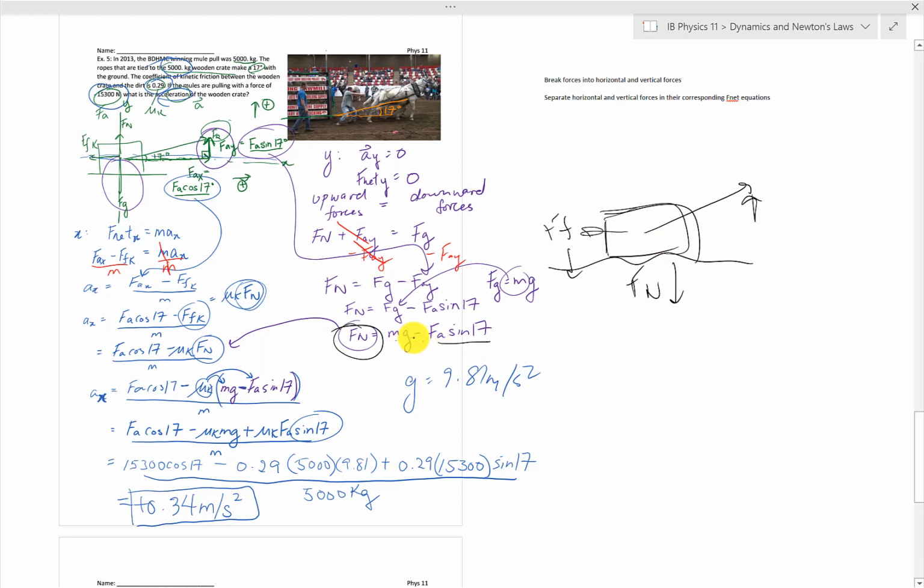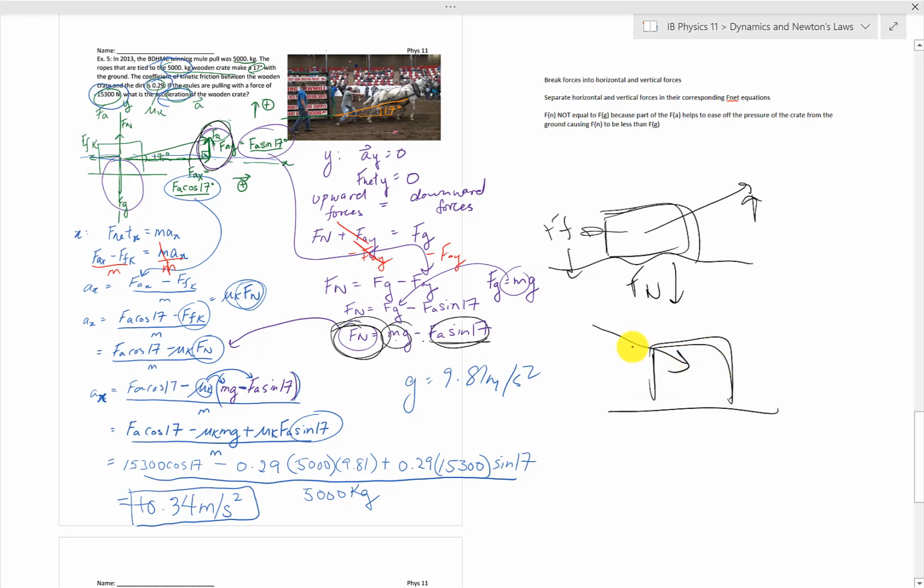So this is why for mg, you have to subtract this applied force in the vertical direction from the force due to gravity, because this upward force eases off that pressure on the ground. So normal force is less than it was before. On the contrary, think about if you were pushing this box in the forward direction, but in the downwards direction.